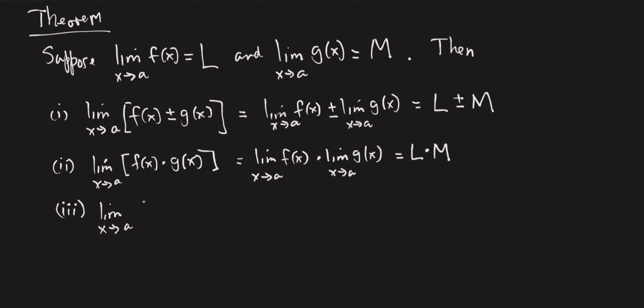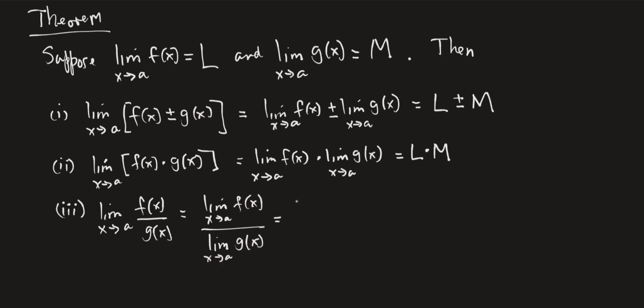So if you're taking the limit of f of x over g of x, it turns out you can take the limit of the numerator. So that's the limit as x approaches a of f of x, divide that by the limit as x approaches a of g of x, and then you would say, well, it's L over M, and you think you'd be done.